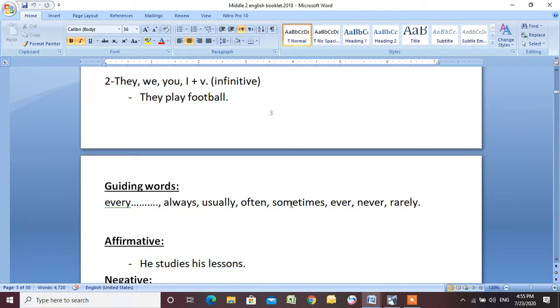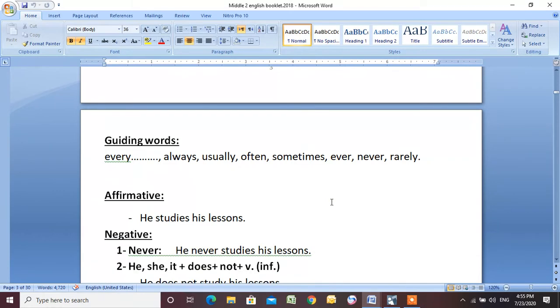So we use all these words to express the present simple tense. So in the affirmative form, I can say he studies his lessons every day. So I put every at the end of the sentence, or I can put it at the beginning of the sentence. So I can say every day he studies his lessons.